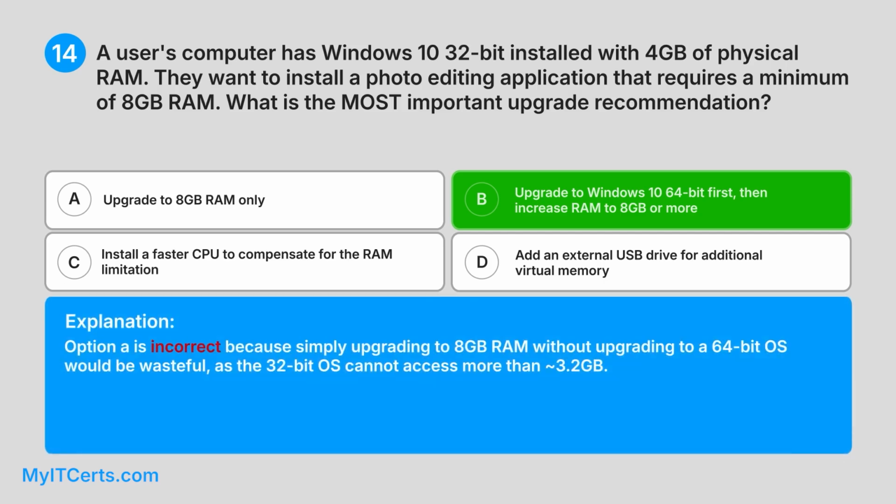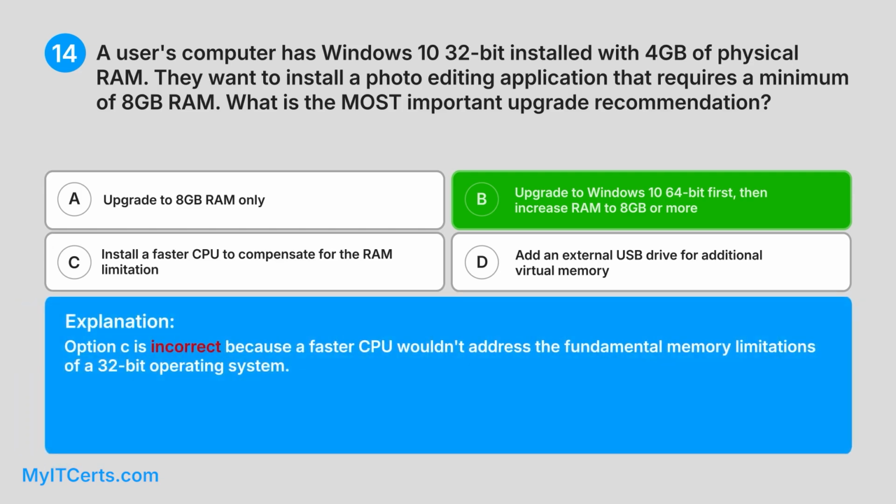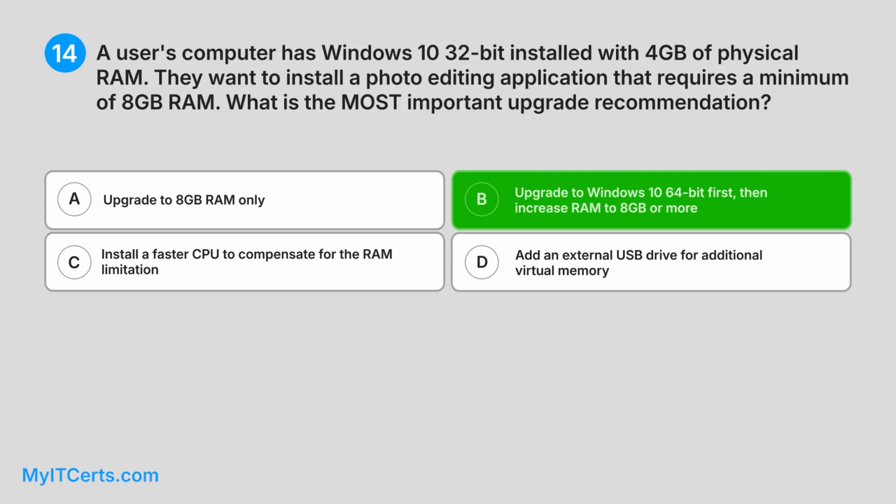Option A, upgrade to 8 GB RAM only, is incorrect because simply upgrading to 8 GB RAM without upgrading to a 64-bit OS would be wasteful, as the 32-bit OS cannot access more than 3.2 GB. Option C, install a faster CPU to compensate for the RAM limitation, is incorrect because a faster CPU wouldn't address the fundamental memory limitations of a 32-bit operating system.